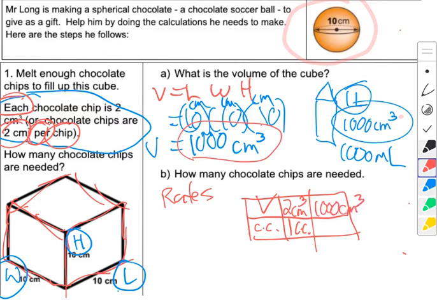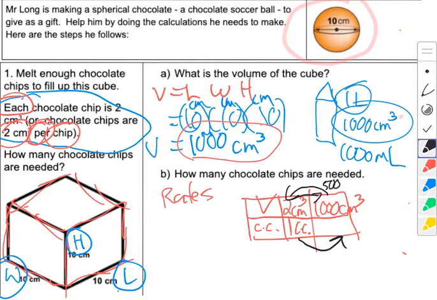Remember that there's a variety of ways to do these. I can do them up and down, or I can go side to side in the table, but I take the bigger number and divide it by the smaller number. So 1,000 divided by 2 is 500. And then as I go to the right, will my number get bigger or smaller? Well, if I went from 2 to 1,000, the number gets bigger. So am I going to multiply or divide?